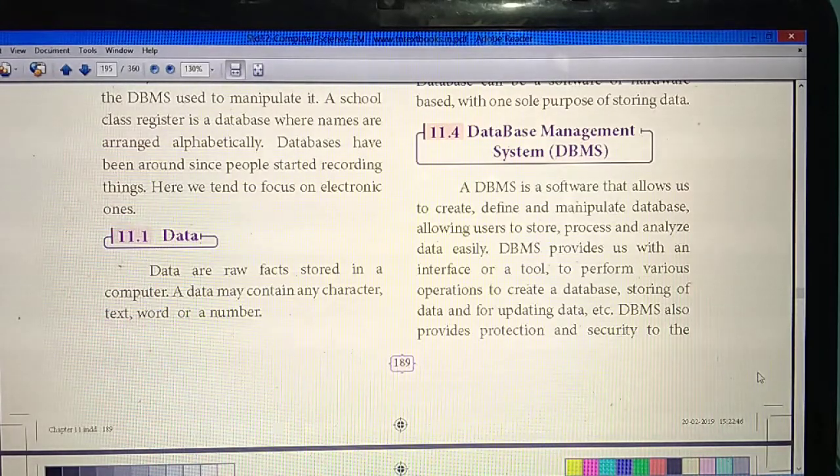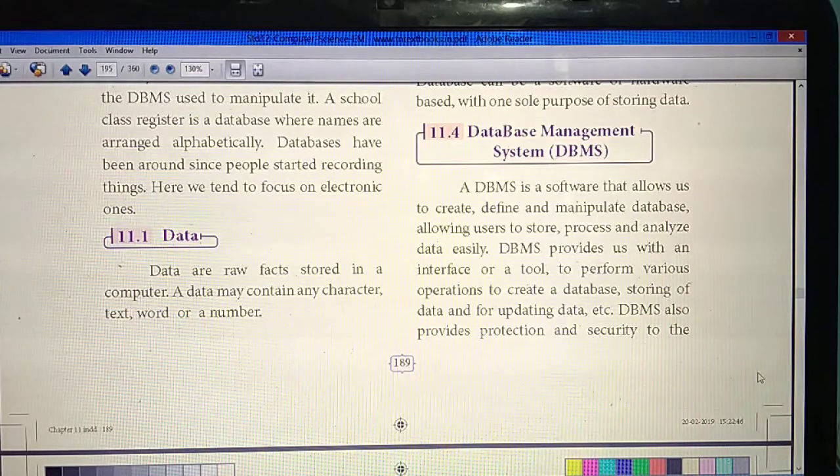Understand? In this database you can store the data, and based on that you can update the data. The database also provides protection and security. Security is a very important thing, isn't it? For example, all the student details are stored in our school system, so they will give some passwords. Consider Wi-Fi, which most mobiles have. What do you do? You put a password for the Wi-Fi. What's the purpose of putting a password?